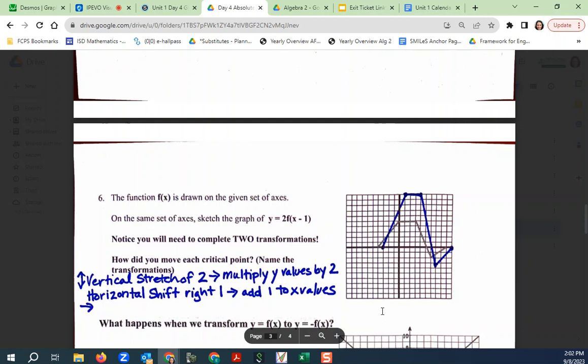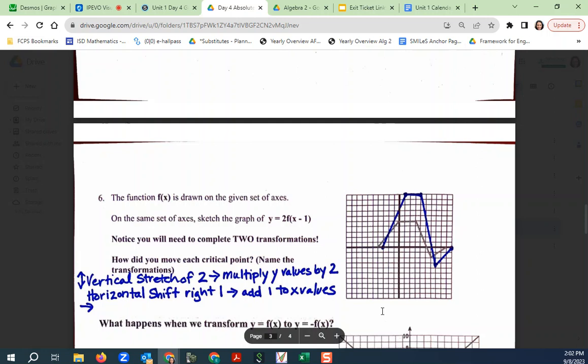It's at 0 right now, the y value is 0, so if I multiply 0 by 2, I get what? Still 0. So this one did not move up or down. All right, and think about it. If I stretch it in both directions, the middle stays in the middle. It's everything else that moves. So that one moved right 1, didn't go up or down.